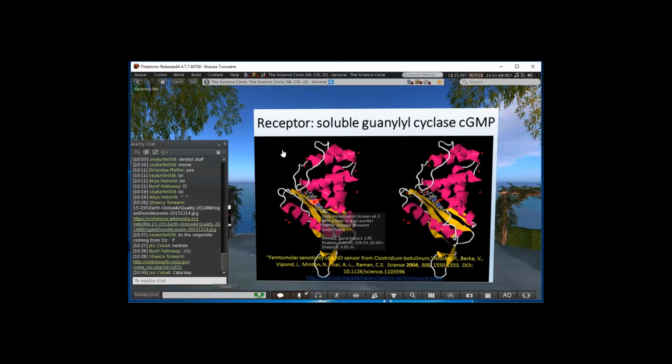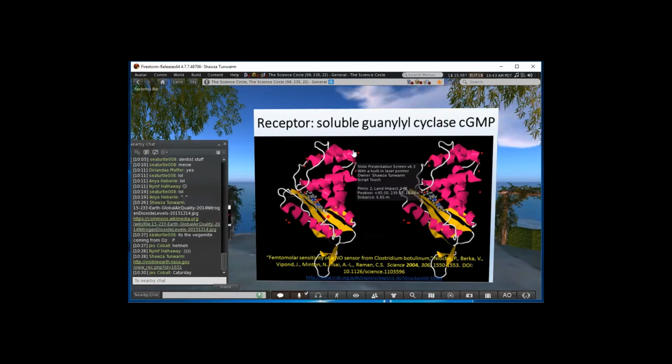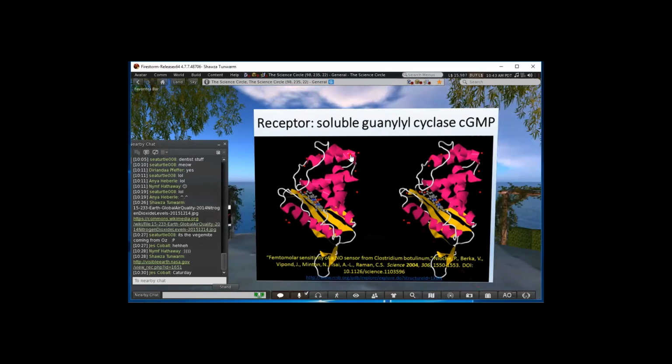I should probably mention that the views that we have here with these red ribbons and spirals, those are called alpha helices, and these yellow ribbons that are flat, those are called beta sheets. There's a lot of atoms that are kind of hidden and not represented explicitly when we show these alpha helices and beta sheets. It's a way of making the molecule seem more simple.